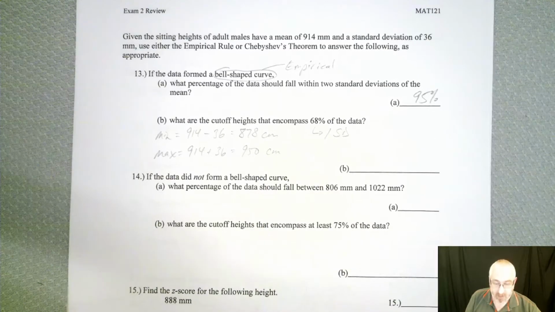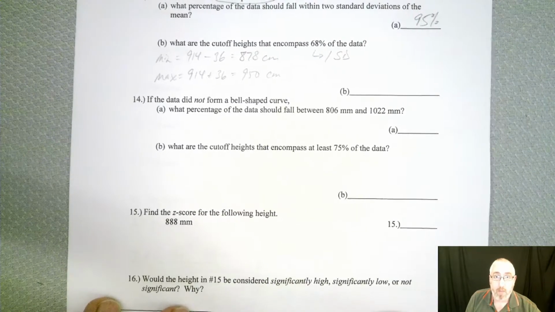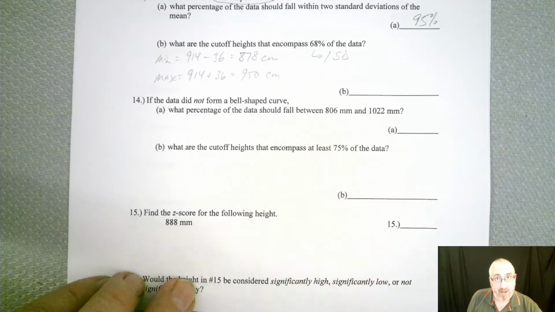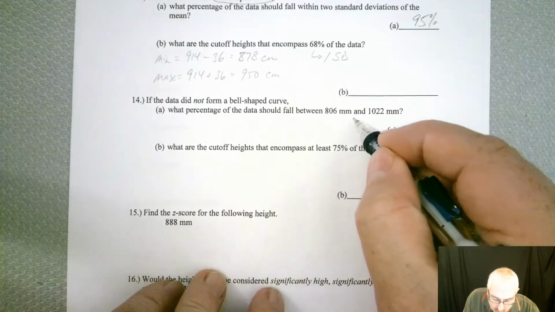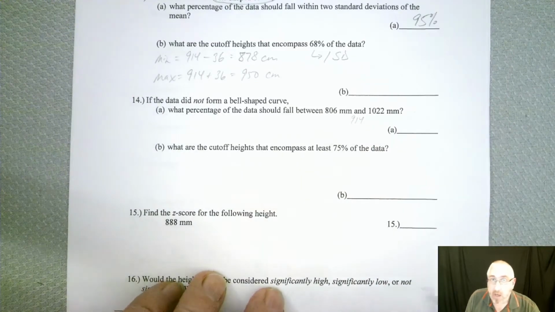Now, for the next one, if the data did not form a bell-shaped curve, what percentage of the data should fall between those 2 cutoffs? Now, you can tackle this a couple of different ways. You could use the process we did back in 3.2, which was a more informal process. We hopefully know that 914 is in the middle here, and we can verify that by doing a little bit of subtraction.